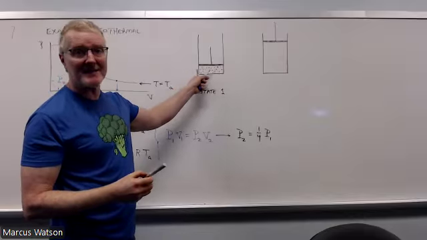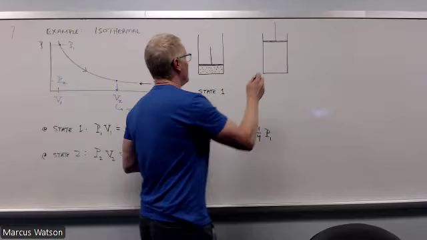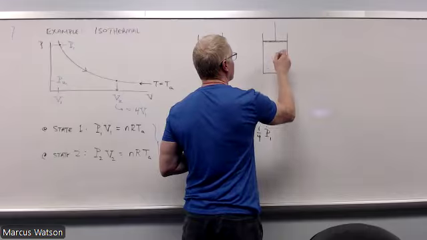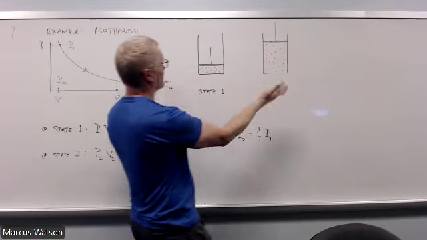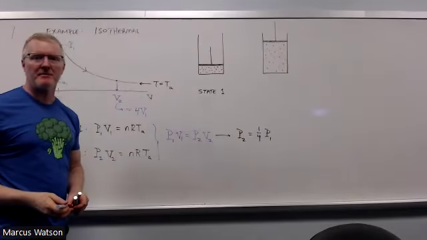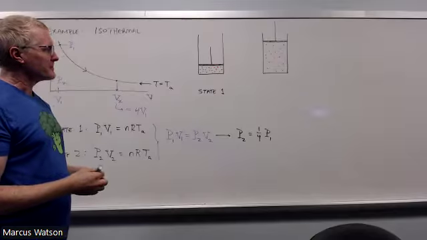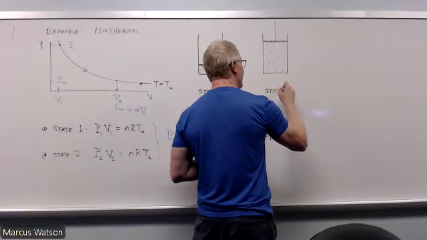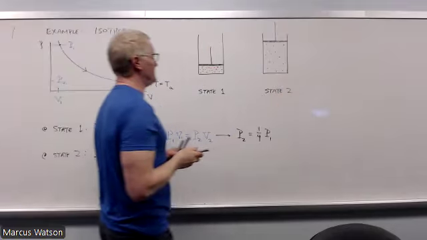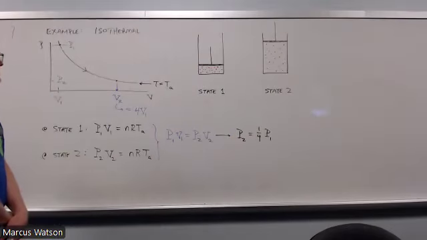All my gas is still within the cylinder. I didn't count, but maybe that's about the right number. And we have the same temperature of the gas here as we did here. Right?